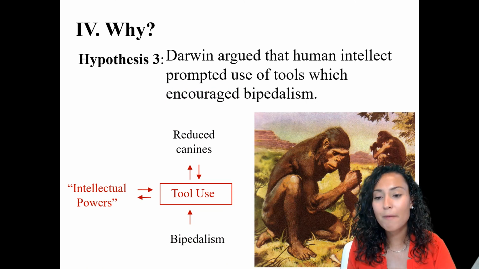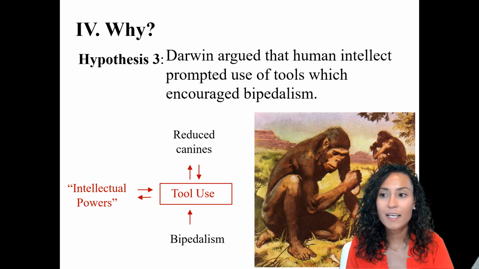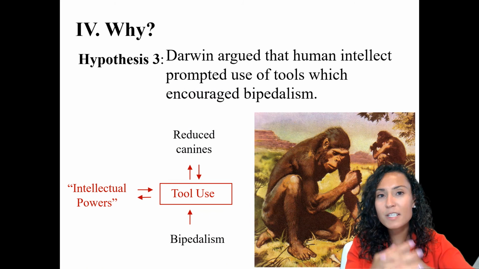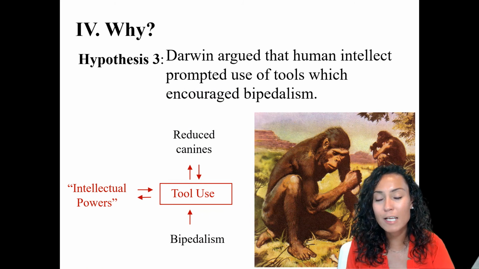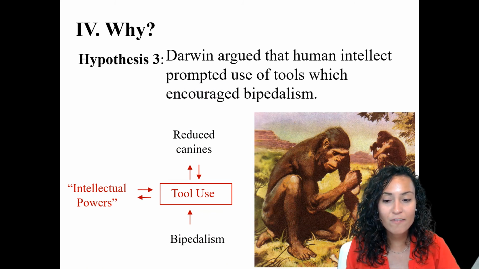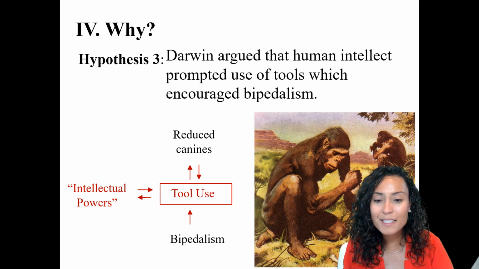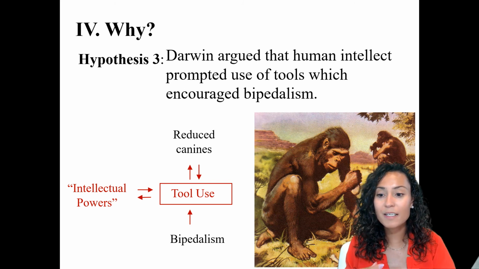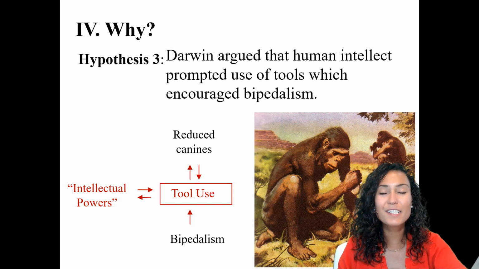One final hypothesis to consider is this idea that was originally offered by our old friend Darwin in 1871. So Darwin basically argued that human intellect prompted the use of tools, which encouraged bipedalism.